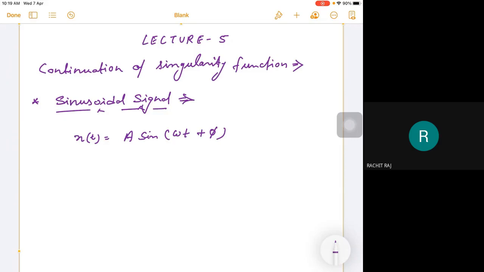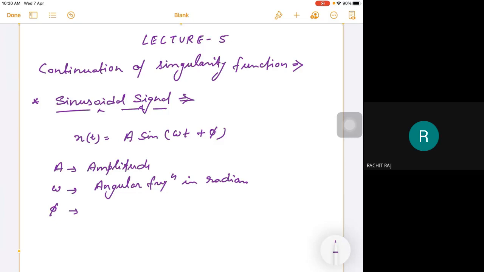Okay, this is the generalized form, where A is your amplitude, omega is your angular frequency in radian, and phi is the phase angle in radian.